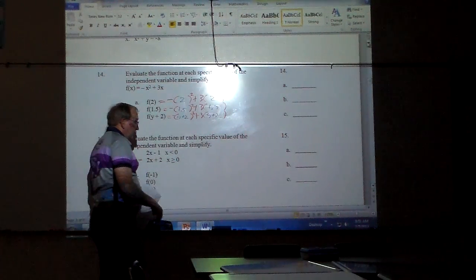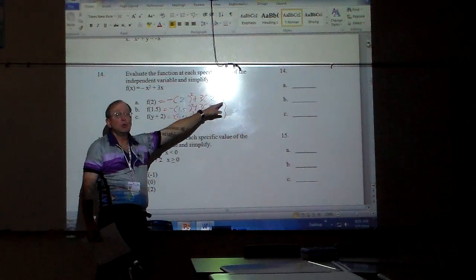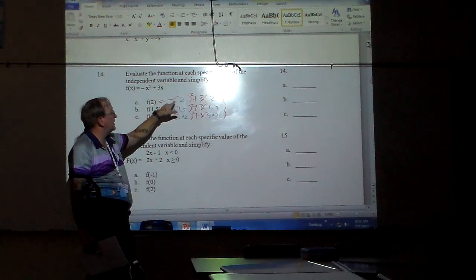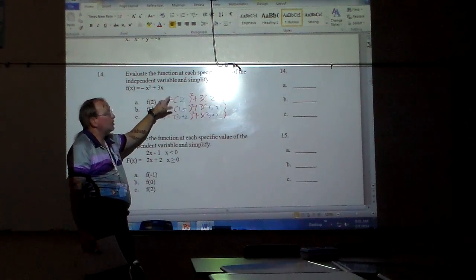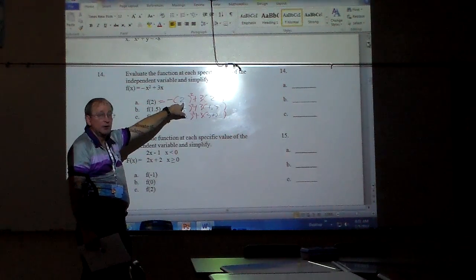So basically, there's a difference. The reason I like the parentheses, if you type it in your calculator like this, you will not get it wrong. Because this means take 2 and square it, make it negative. It does not mean take negative 2 times negative 2, that would be positive 4. This is 2 squared, which is 4.